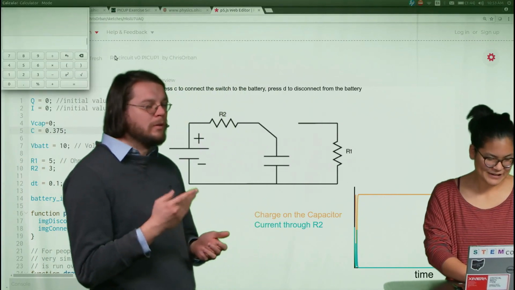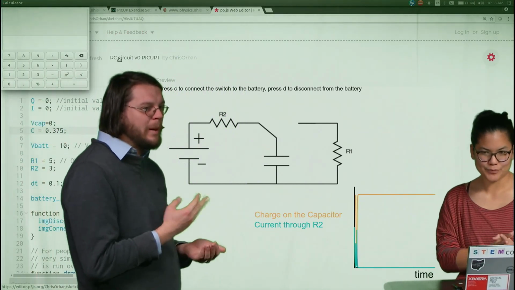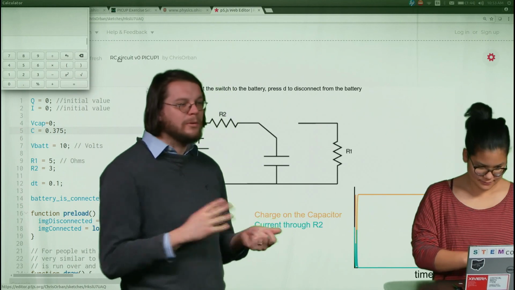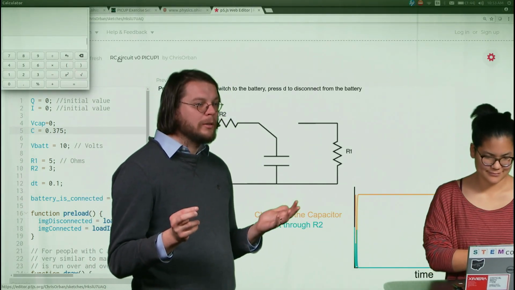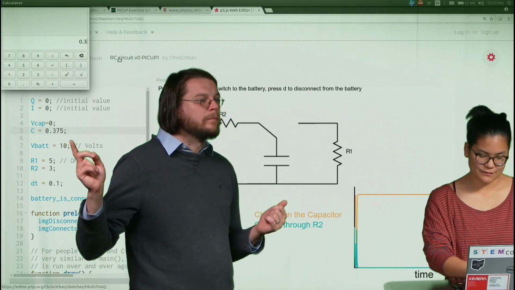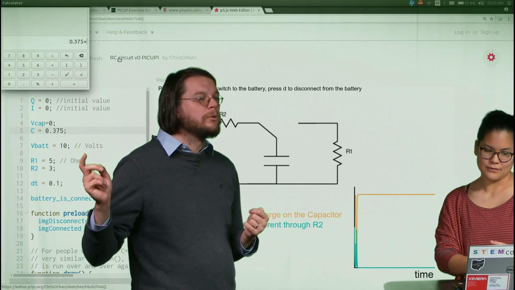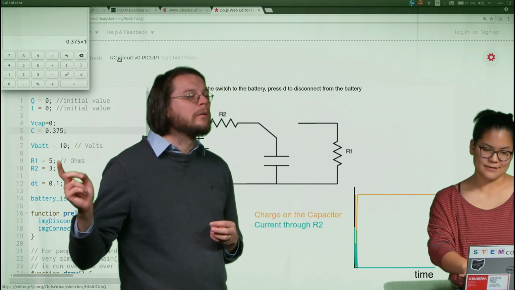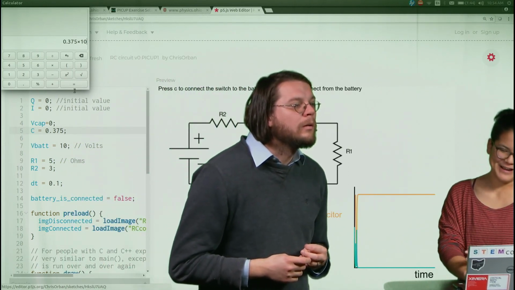So the charge on a capacitor is equal to the capacitance times the voltage. Q equals CV, right? So what's the capacitance? So we here have 375. And then the voltage of the battery, I can't read it. 10. Okay, so we should get 3.75.